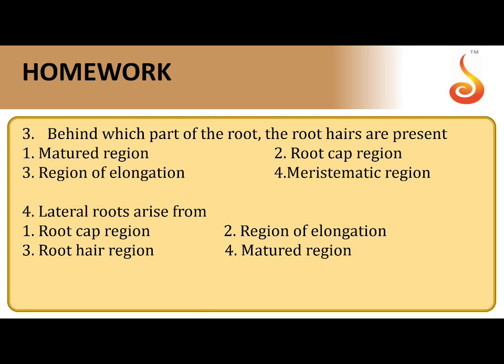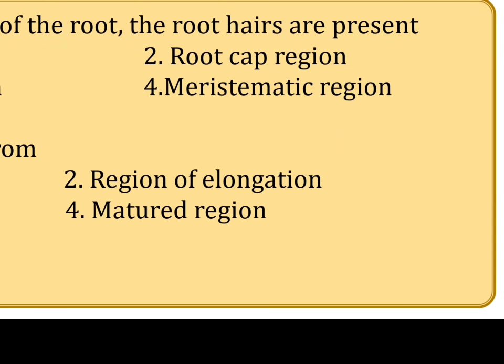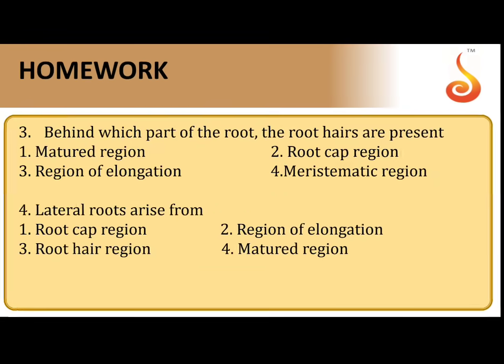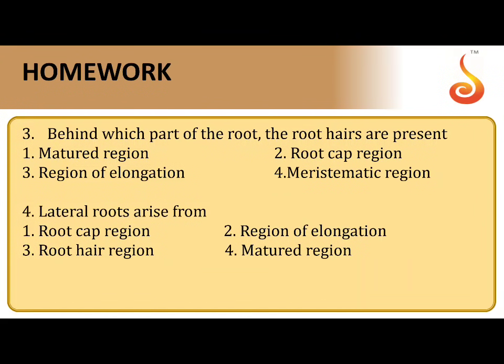Question 3, behind which part of the root are root hairs present? Matured region, root cap region, region of elongation, region of meristematic activity. Question number 4, lateral roots arise from: root cap region, region of elongation, root hair region, matured region.